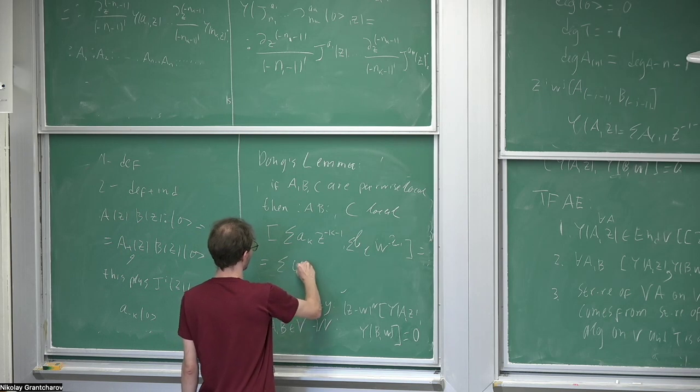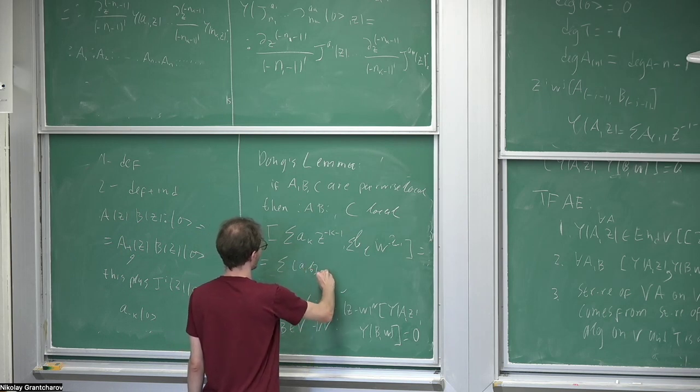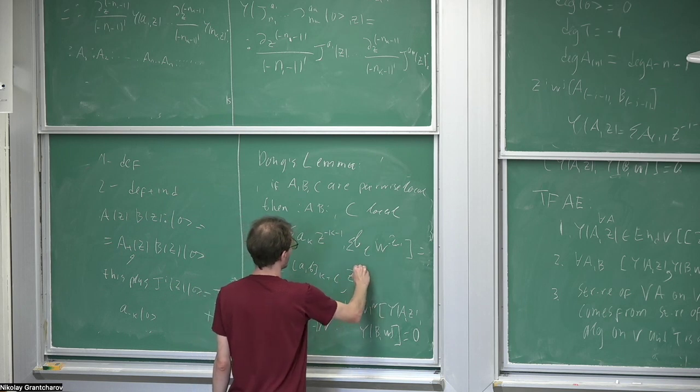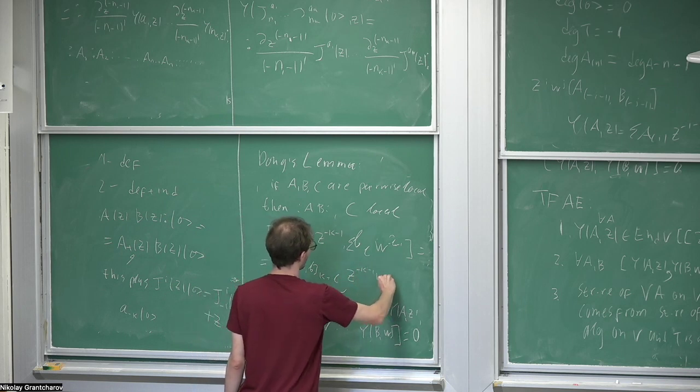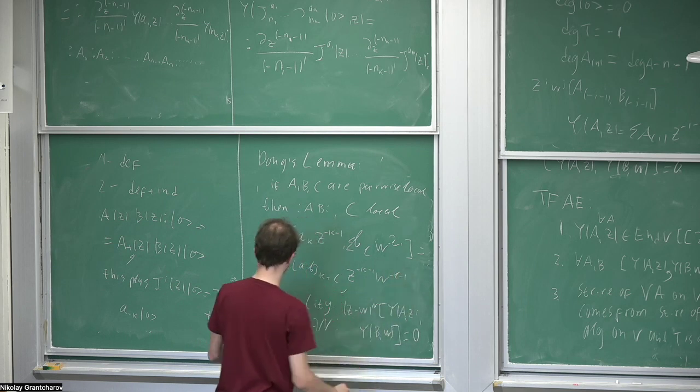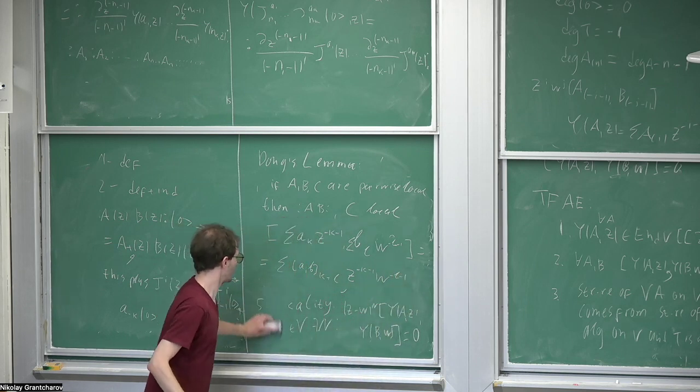Sum A plus L, Z minus K minus 1, W minus L minus 1. Okay.